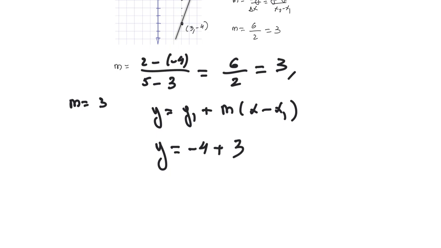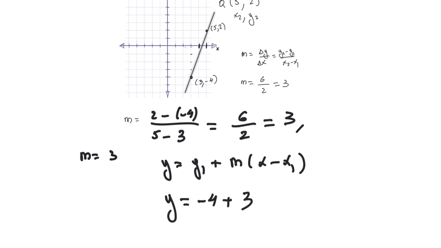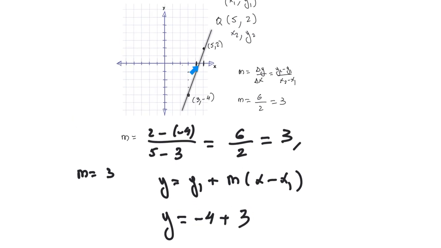m is 3. When the slope is positive, it means that you have an increasing function. When the slope is negative, it means that you have a decreasing function. In this case, the function is increasing because y is increasing every time. So y is 3 multiplied by x minus x1.